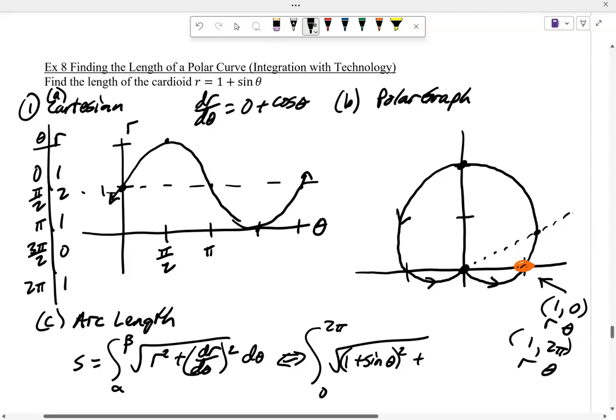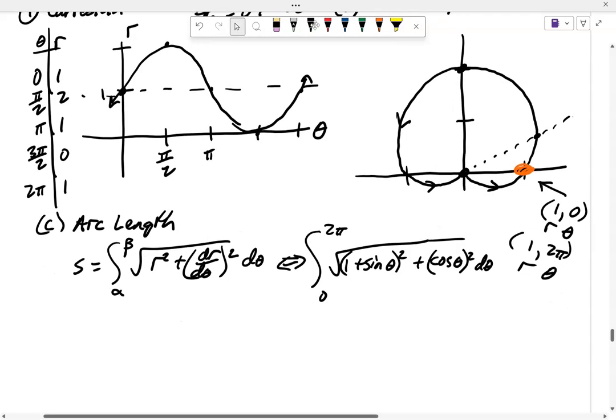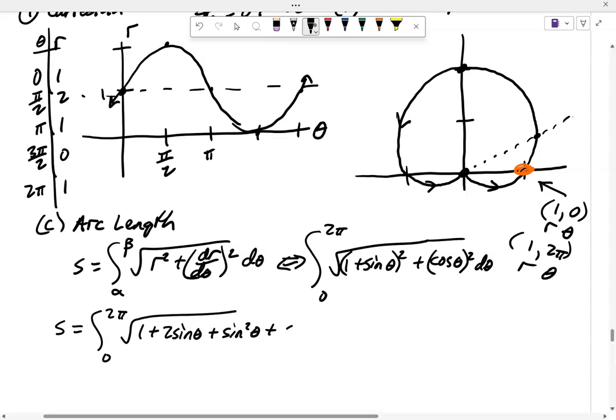So it's just cosine for dr d theta. Cosine theta is being squared, d theta. So our arc length here is 0 to 2 pi, 1 plus sine plus another sine, so 2 sine, plus a sine squared plus a cosine squared. Now I know sine squared plus cosine squared is 1.